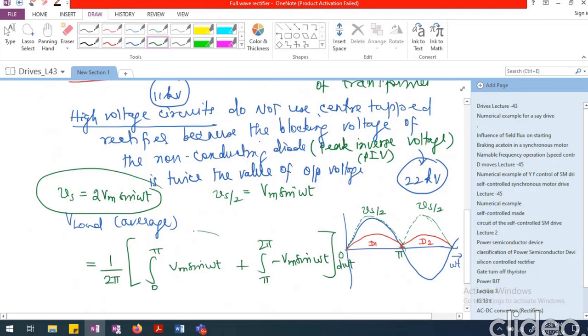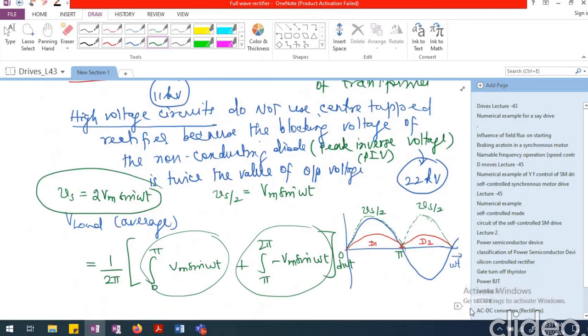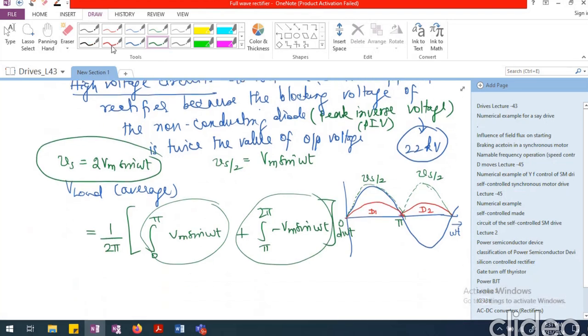So whatever we are getting here, that will be the same as what we are getting here. Both of them will be equal to each other. So rather than integrating over the entire cycle, we can just integrate it over half a cycle.